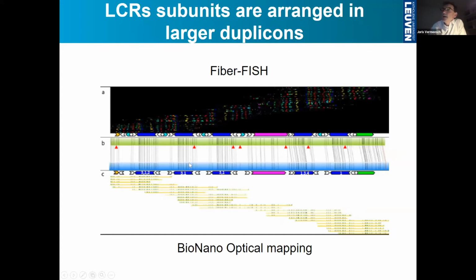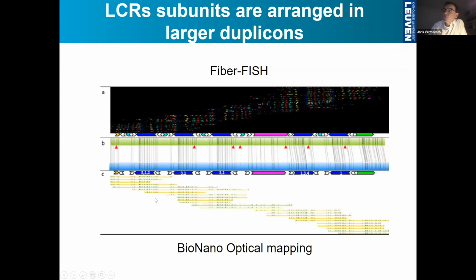In the meantime, in the last 5 years, another methodology has been developed, bionano optical mapping, which is also pulling fibers, and then with modified restriction enzymes, putting labels on those DNA strands.